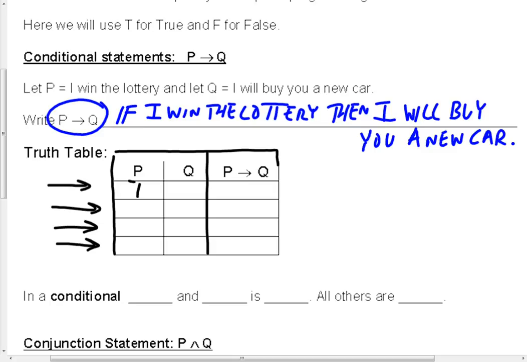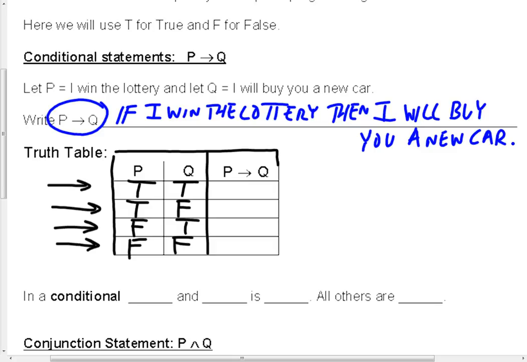What we're going to do is take a look at a situation where the hypothesis and the conclusion occur. Then we're going to take a look at when the hypothesis occurs but the conclusion does not. Then we're going to take a look at what happens when the hypothesis doesn't happen but the conclusion does happen. And then we'll take a look at what happens when neither occurs.